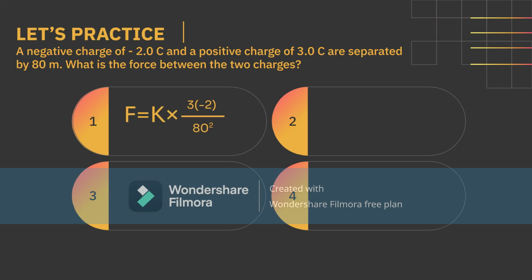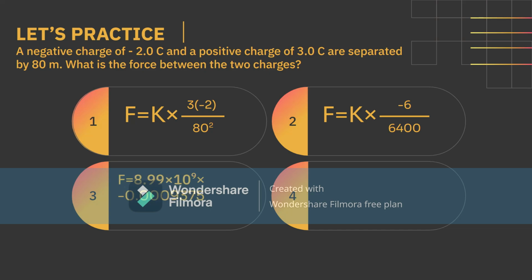So we are going to plug our values into this equation to get F is equal to K times 3 times negative 2 divided by 80 squared. We're going to solve out the numerator and the denominator of our fraction, and that is going to give us negative 6 on the numerator and 6,400 on the denominator. So now we are going to divide negative 6 by 6,400 and multiply that to Coulomb's constant.